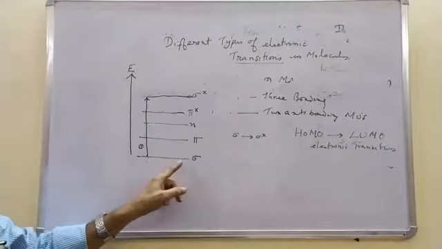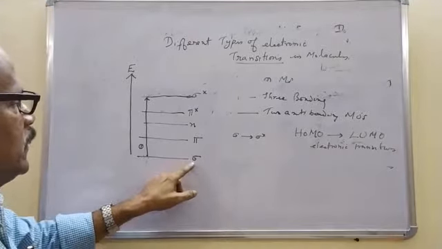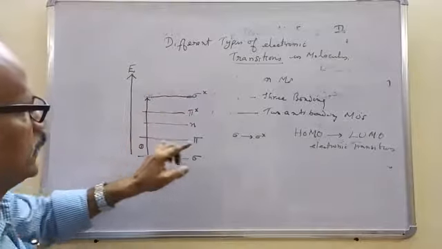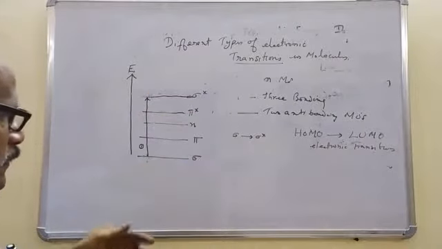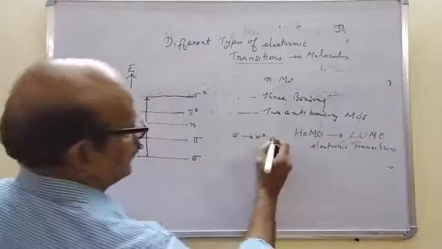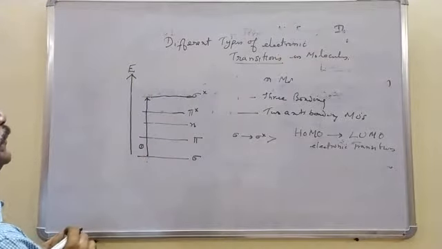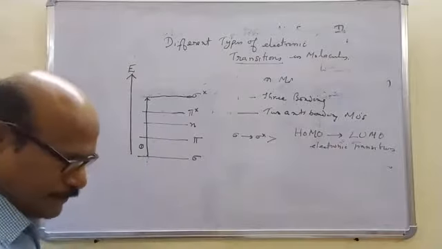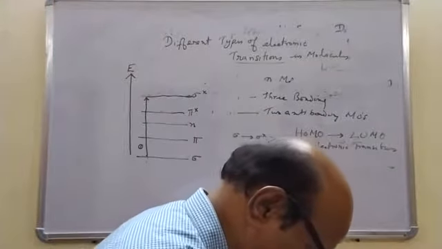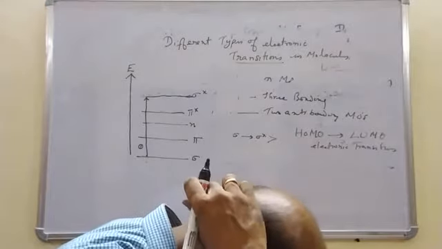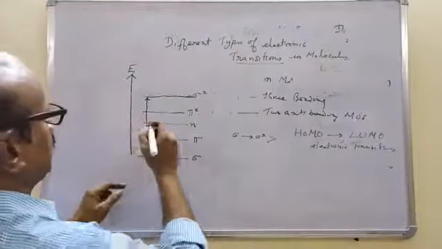If sigma and sigma star happen to be HOMO and LUMO, then the transition is of highest energy. Then next comes the sigma to pi star transition.